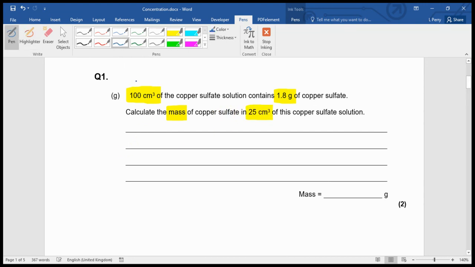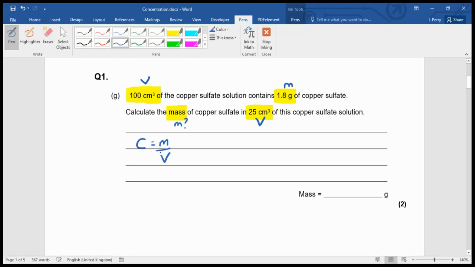So I've been given a volume, I've been given a mass, I'm asked to find a mass, and I've been given another volume. What they've done is they've given me enough information to work out the concentration, then changed the volume and asked me to find a new mass. Now, some of you might have spotted a quick way to do this question, but I'm going to do the long way first. So we know concentration is mass divided by volume.